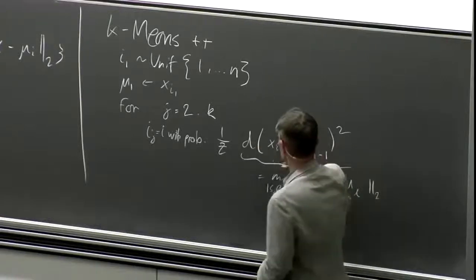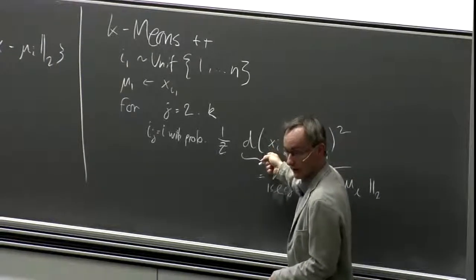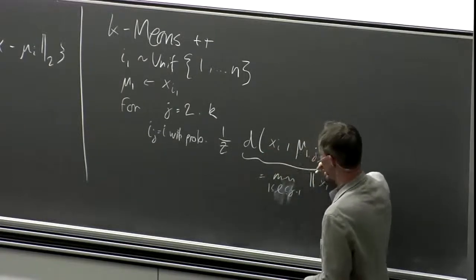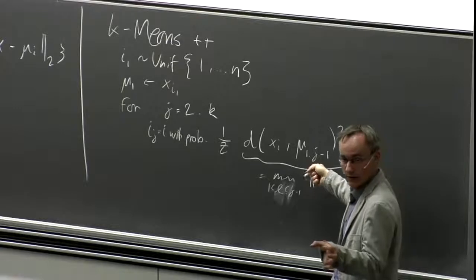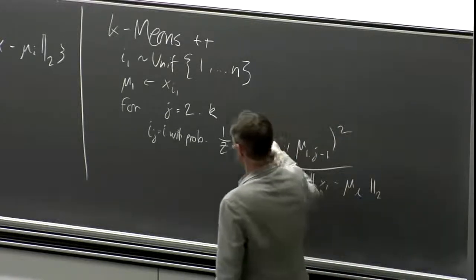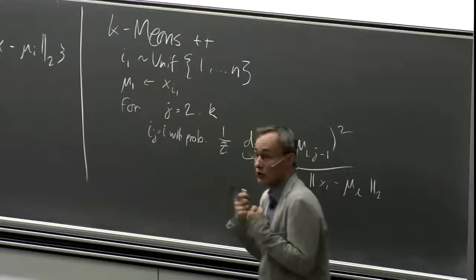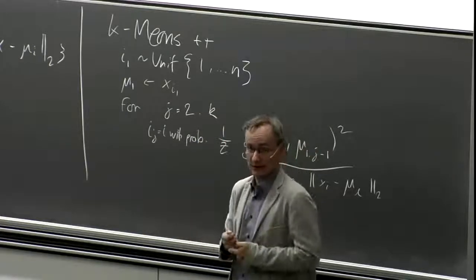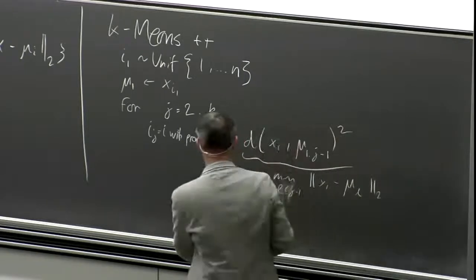Okay, so this is just the Euclidean distance of the ith point x_i in your data set to all the cluster centers that you've already selected so far. And now what you're going to do is sample the point proportional to that squared distance.